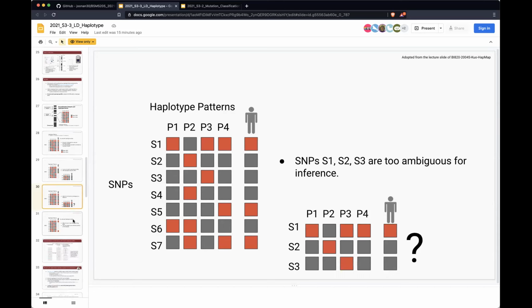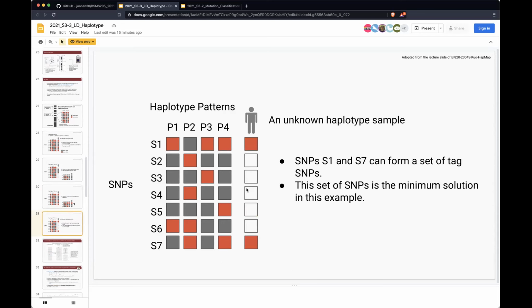So this is a bit of a question. But if you look at the SNPs at the first position and the seventh position, then you can basically identify that this individual probably belongs to population 4, right? Because this distinguishes the population information well.